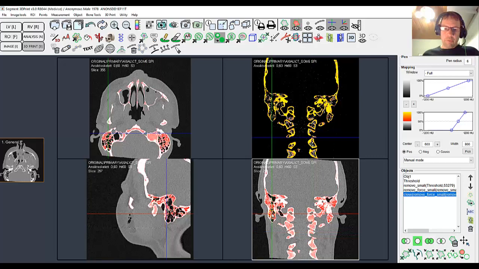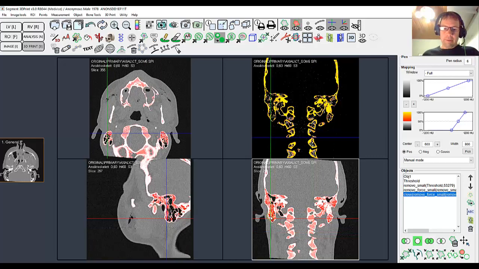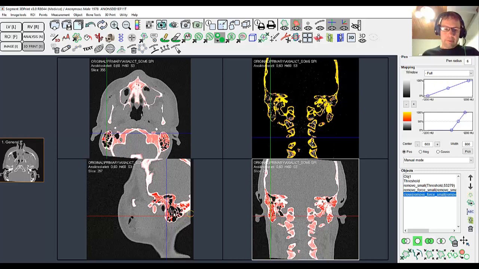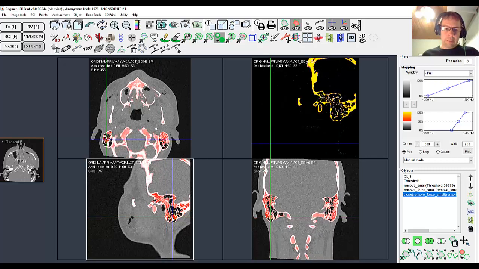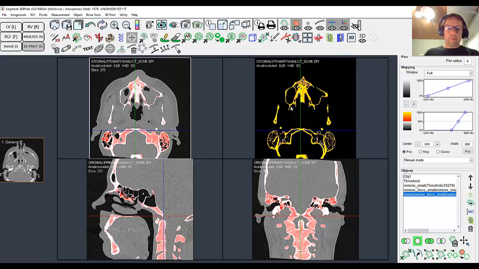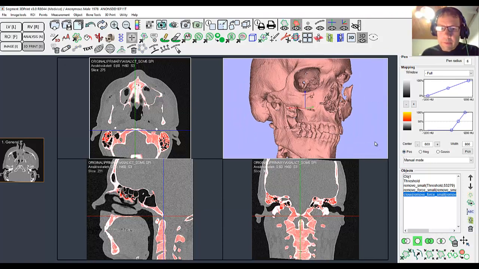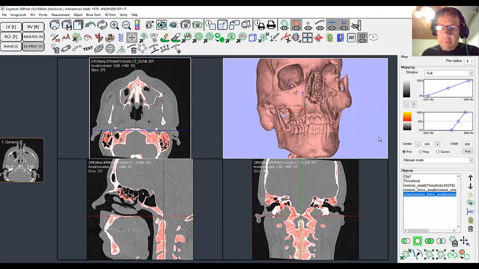We could have worked more to get the temporal bone completely filled, but it's not critical when printing. Okay, so then we can look at it in 3D. So it looks pretty good.